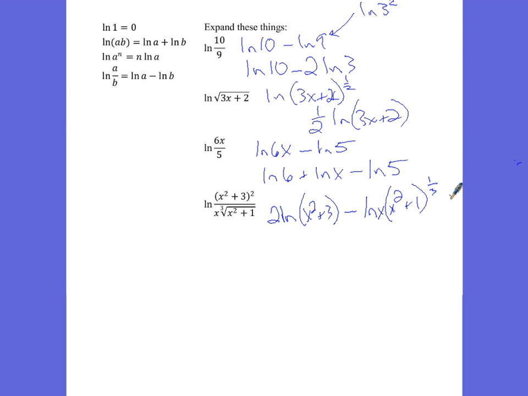Okay, and then all of that has the natural log on it. So I'm going to show that by doing that. Is there anything more to do with this? No. So we have 2 natural log x squared plus 3, then minus what?